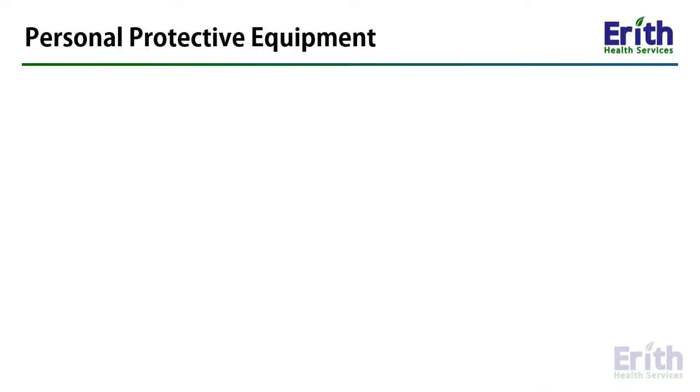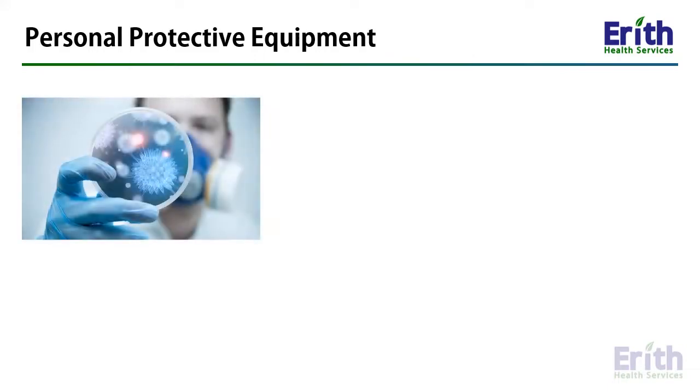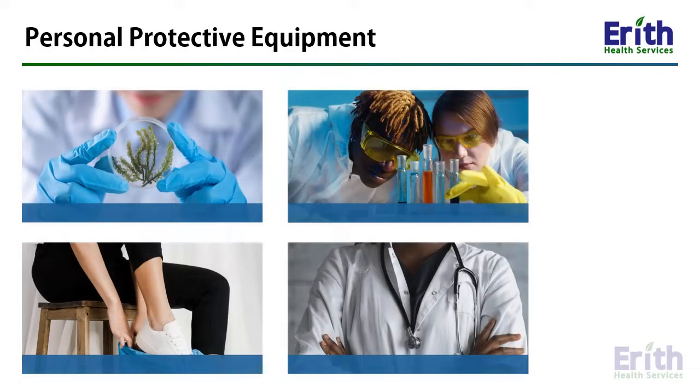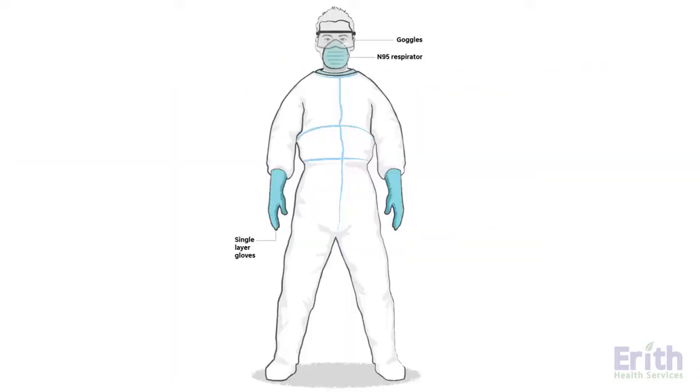PPEs, what are they? PPEs are items used to prevent direct contact with infectious materials. It includes the hand, the body, the face, the head, and then the leg protections. The appropriate PPE must be used for the different procedure, as the consequences of non-use and wrong use can endanger one's life.